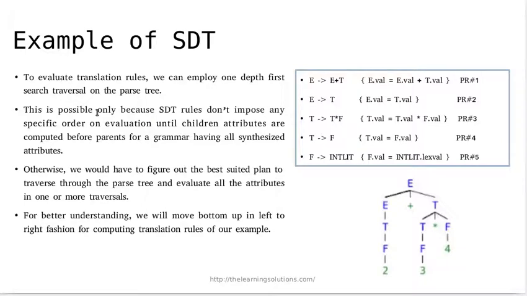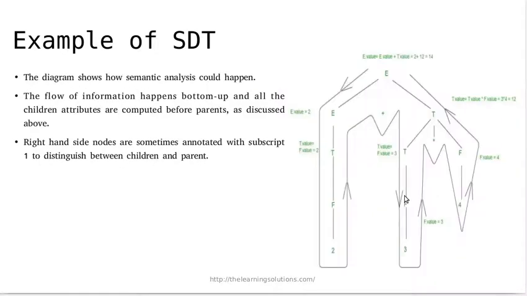Let us see. Now to evaluate the given translation rules, we will apply depth first traversal or pre-order traversal. Just recall the rules of pre-order traversal and apply the same over this given parse tree. When we start applying depth first from left to right, in this example I am showing a method by which the output will be achieved with the help of the bottom up parsing method.